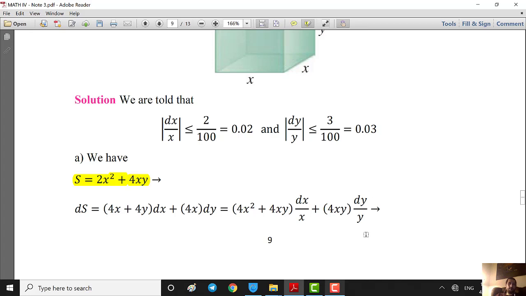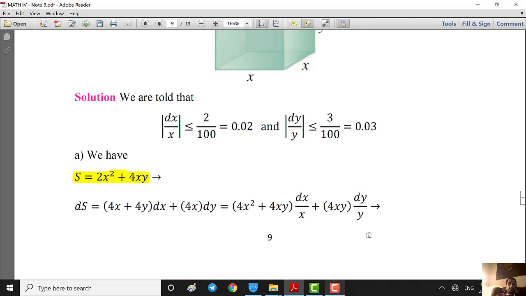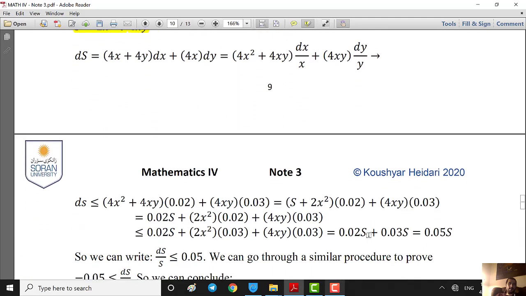Now, we know that dx over x has limitations and dy over y also has limitations. So let us put that into use to find limitations for ds.